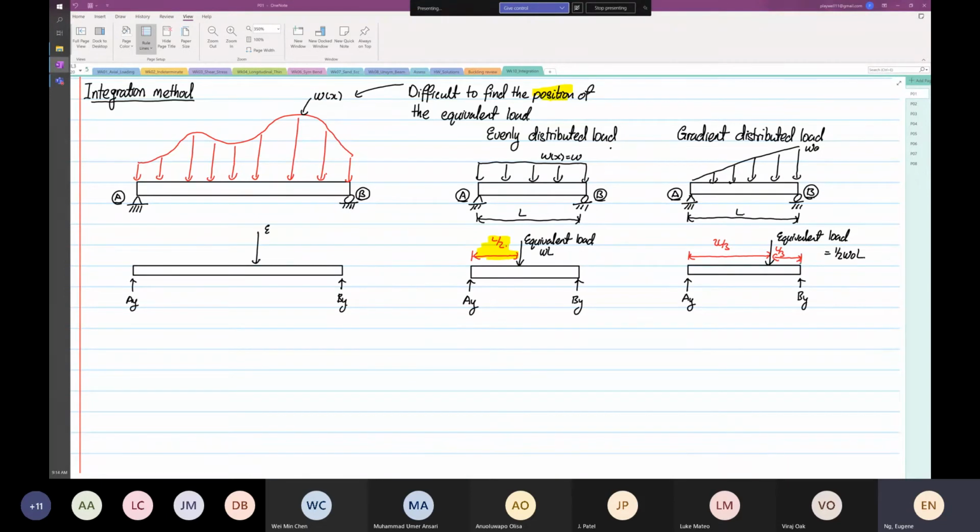So the equivalent load is equal to, you integrate between A to B, omega as a function of x dx. This is straightforward, this is easy. Now the problem is this.